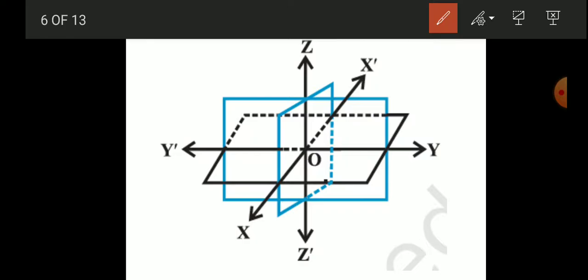If I join y and y dash, it is the y axis, x and x dash, it is the x axis, z and z dash, it is the z axis. Now how can I locate the three planes? It is easily mentioned here. This is the y plane, y equals 0. Because it is passing through 0, it is nothing but y equals 0.